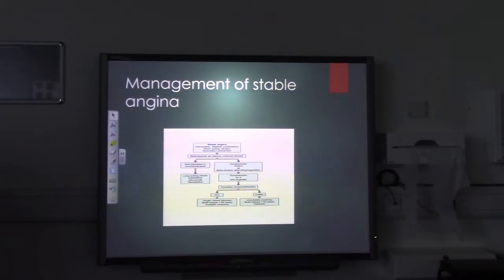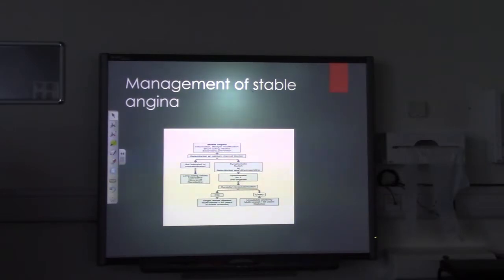All these things should be attempted with regards to the underlying cardiovascular disease. Obviously thinking about diet and reducing saturated fats, all those things which may contribute to cardiovascular disease.